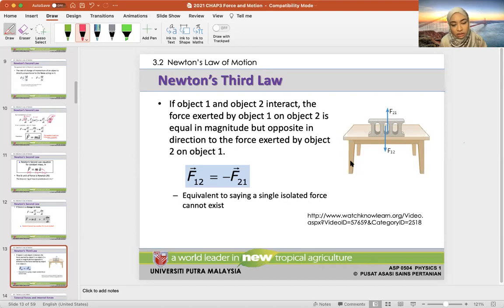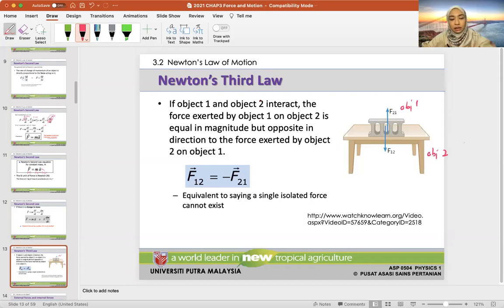Just now we talked about force, this one talks about force again. So if object 1 and object 2 interact, so this is object 1. It's a brick. I don't know if it's really a brick, but it's a brick in this picture. And this is object 2. So if object 1 and 2 interact, it means they are in contact. That's how they are interacting.